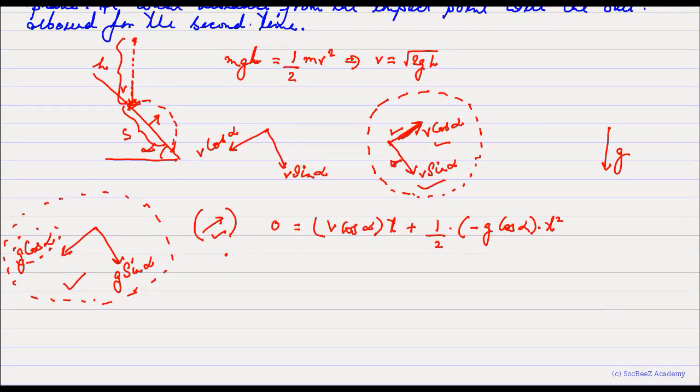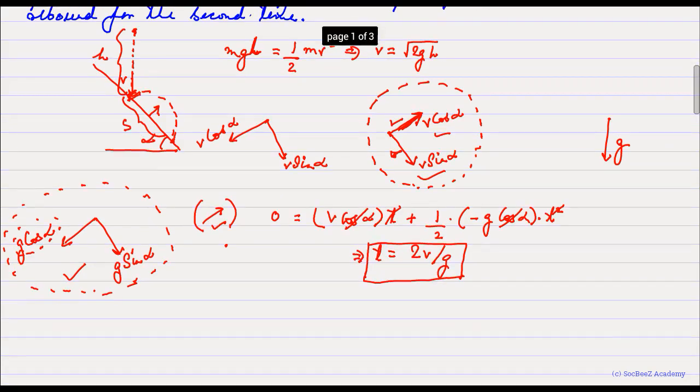So I get 1 t cancelled, I get cos of alpha cancelled, from where I get t as 2v by g. So this is the time of flight between the two collision points. Now I can write down the second equation of motion in the direction parallel to the inclined plane.